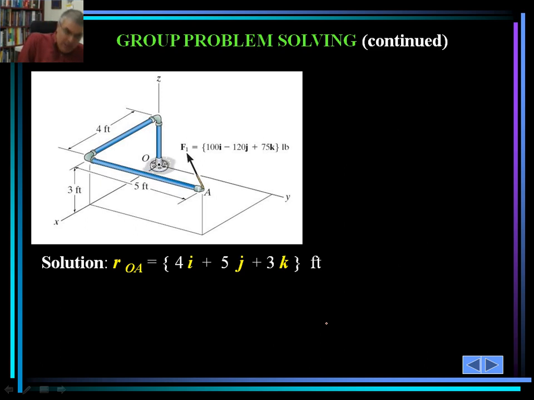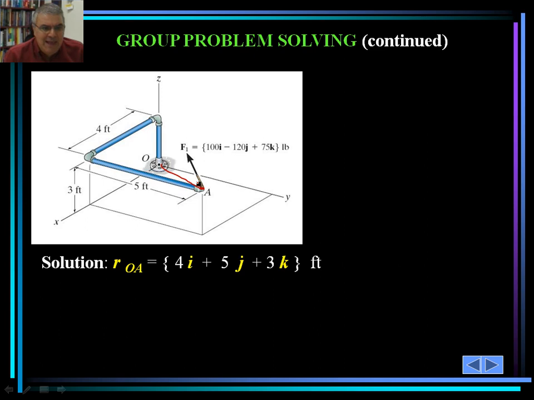Solution: R sub OA. Again, the IJK components. We are looking for a vector that goes from O to A. So the position of A in space: the X component is 3, Y component is 5, the K component is 4.